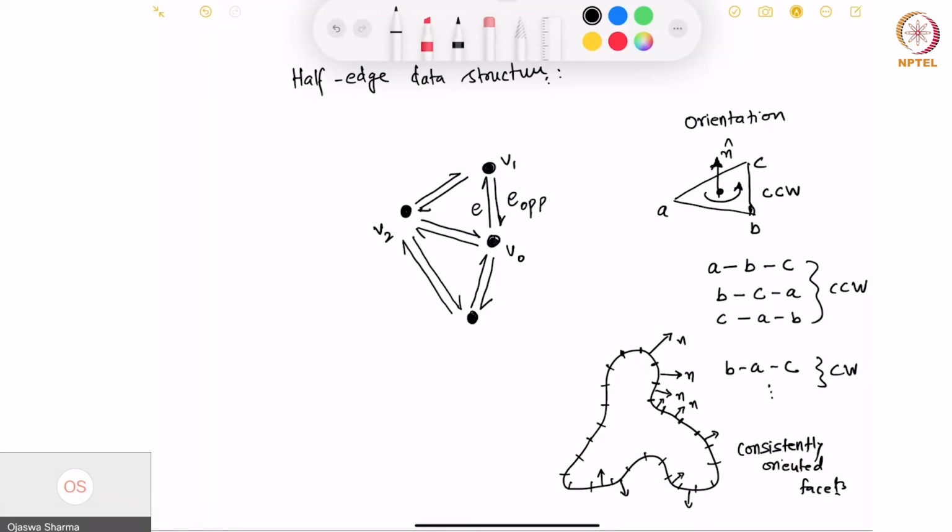While I'm explaining this data structure to you, I want to explain how this data structure can keep your facets consistently oriented, which could be a requirement for a mesh processing algorithm, or even display, right? If it is inconsistently oriented, some of the display algorithms might just remove the facets from display without you noticing. This is known as backface culling. Then you would see that my mesh has holes in it, where actually there are no holes.